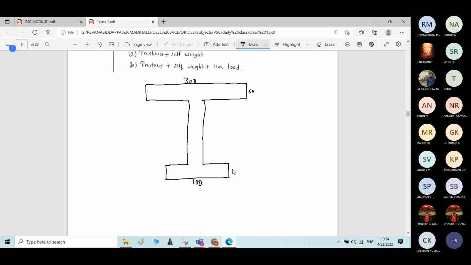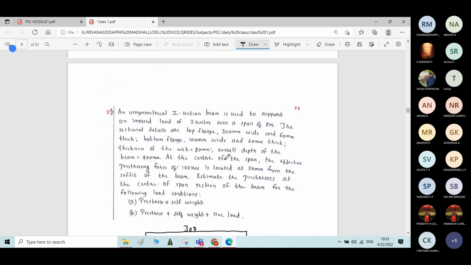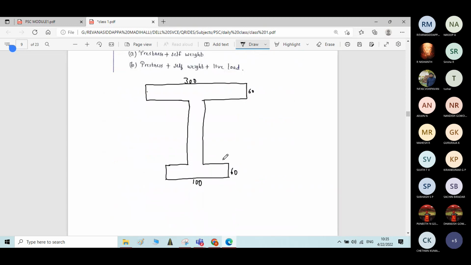Then what else is given? Overall depth of the beam is 400 mm.